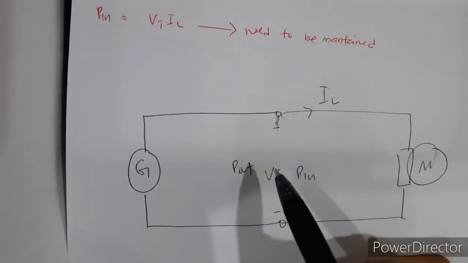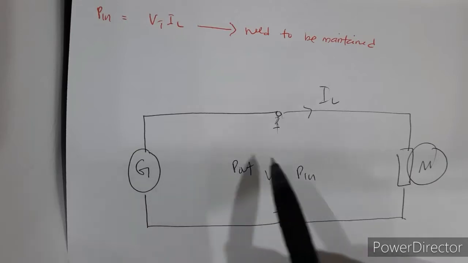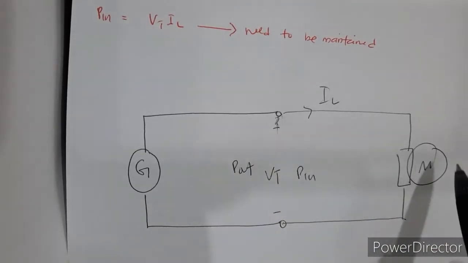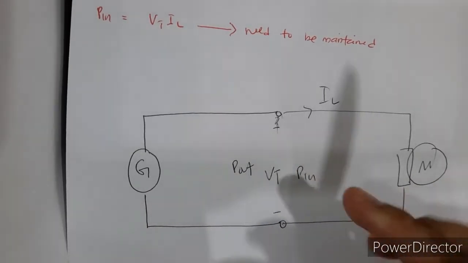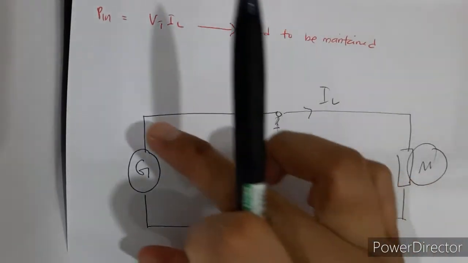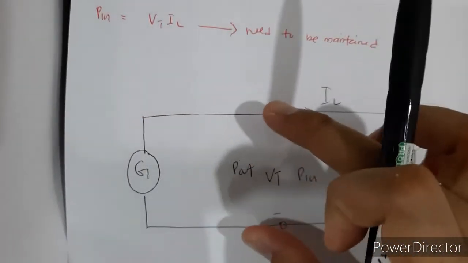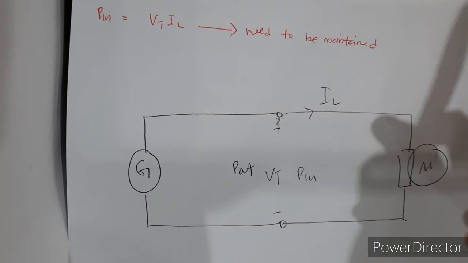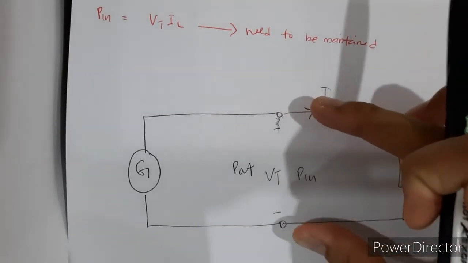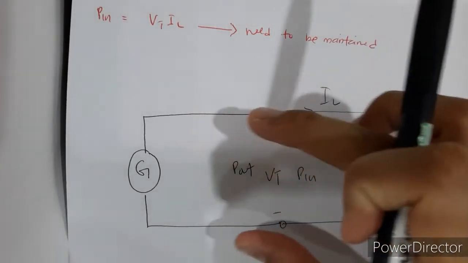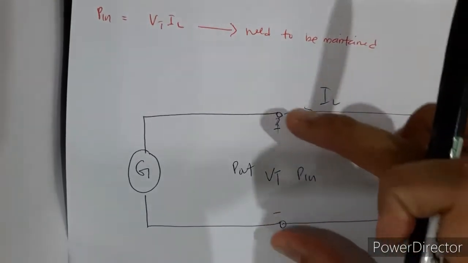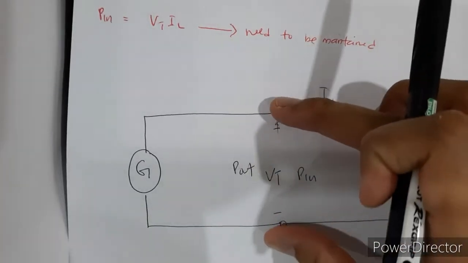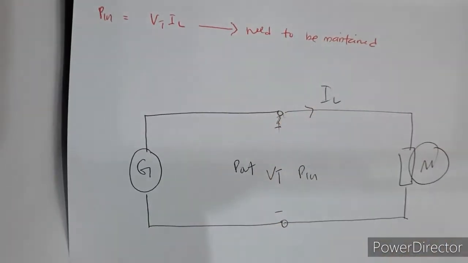I hope you can understand why for the generator P out is fixed, but for the motor P in is fixed. Because the generator generates voltage and current, but the motor uses the power and current that are generated by the generator. So that's why on the load side it is fixed at VT IL.